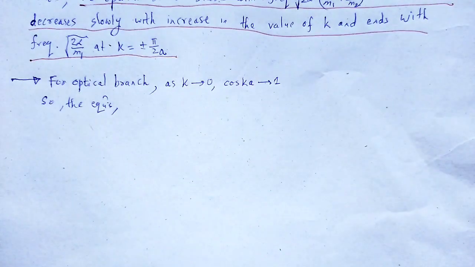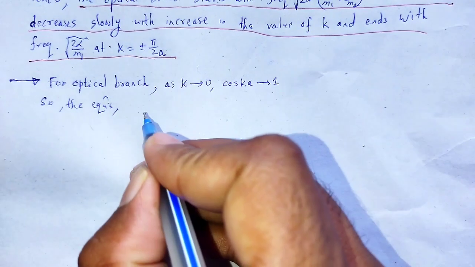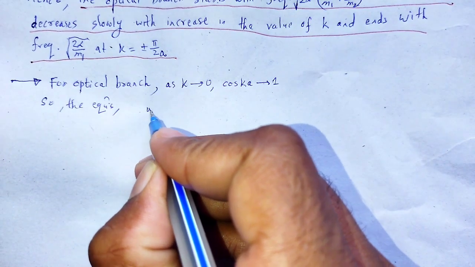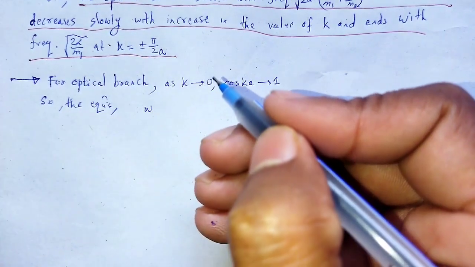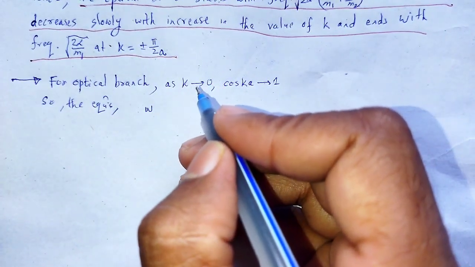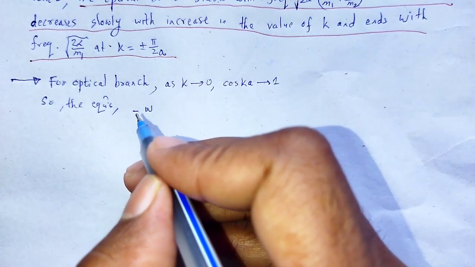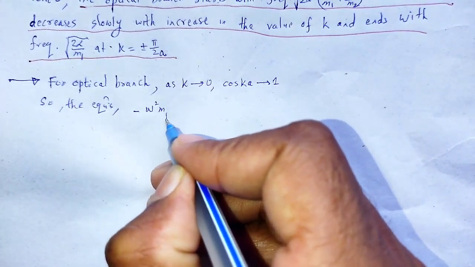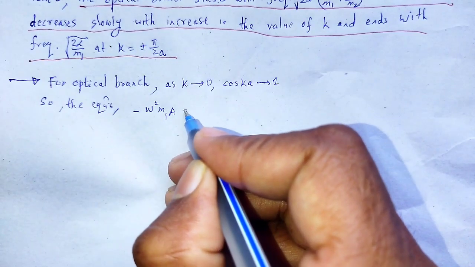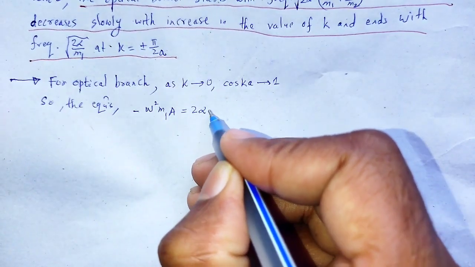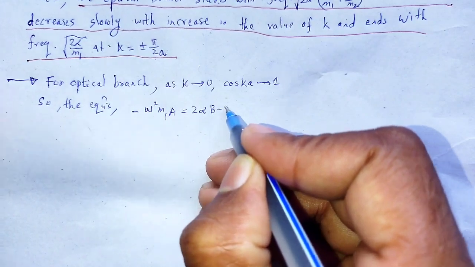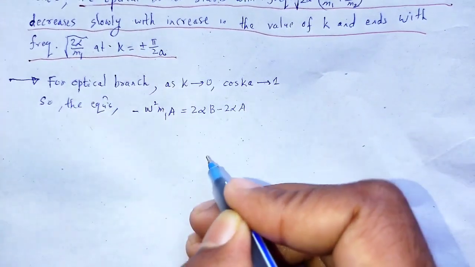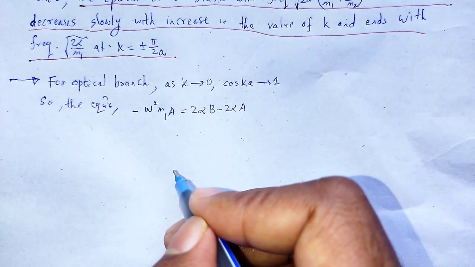So the equations are: minus omega square m1 a is equal to 2 alpha b minus 2 alpha a, one kind of equation.